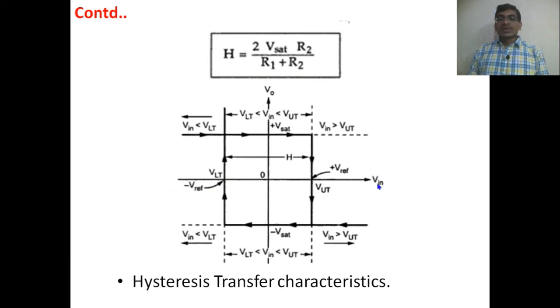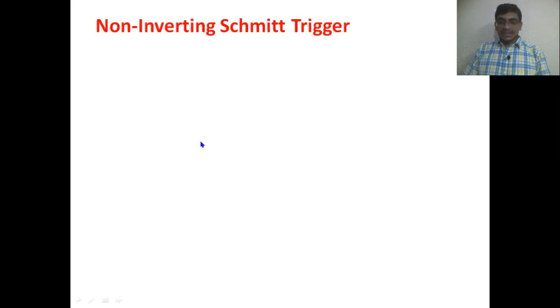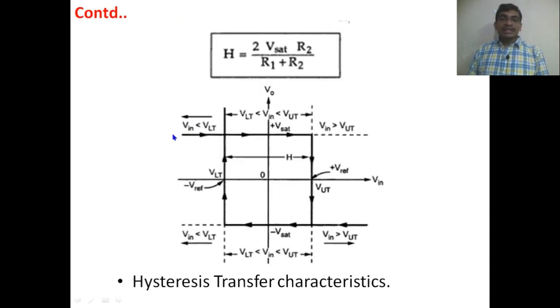Here you can observe, on the x-axis we have the input voltage Vin, and on the y-axis we have the output voltage V0. From this we can say, when Vin is greater than the upper threshold voltage VUT, then only the output will be switched to the minus V saturation level.